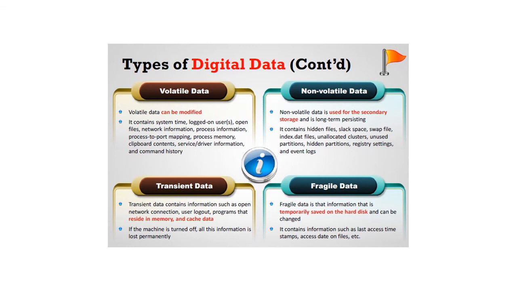Volatile data can be modified, and it contains system time, logged on users, open files, network information, process information, process to port mapping, process memory, clipboard, service, driver information, and command history. Volatile data is simply data that might be lost in the event that maybe our computer is switched off.